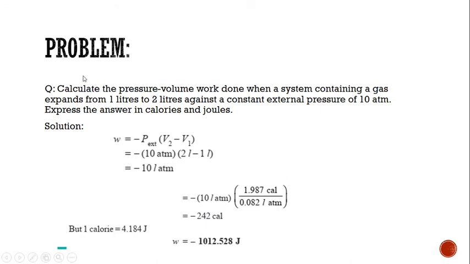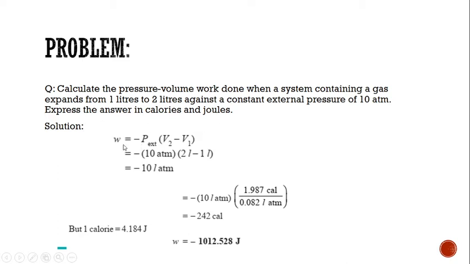Now we need to discuss some of the problems related to pressure volume work. This is the question: calculate the pressure volume work done when a system containing a gas expands from 1 liter to 2 liter against a constant external pressure of 10 atmosphere. Express the answer in calories and joule.